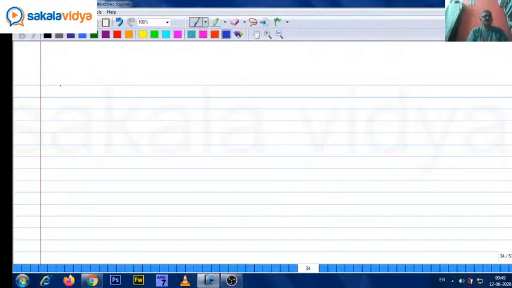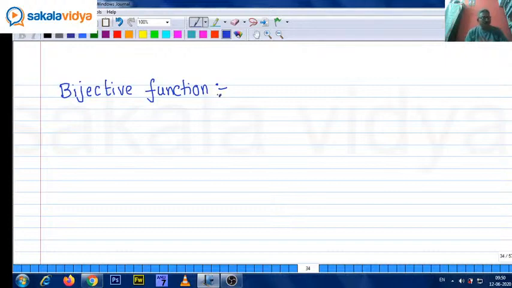Next now, bijective function. What is meant by the bijective function?